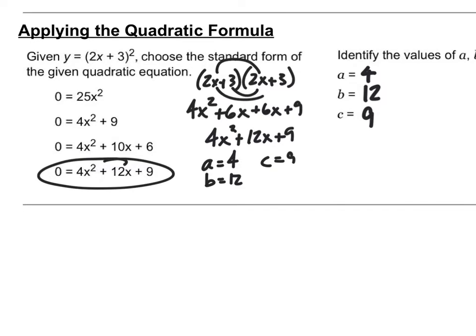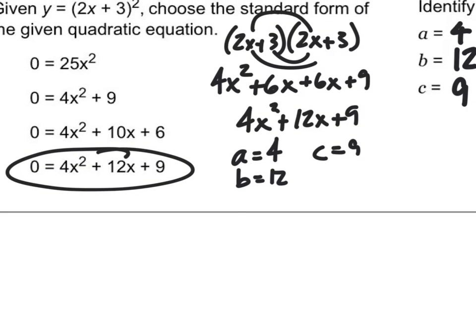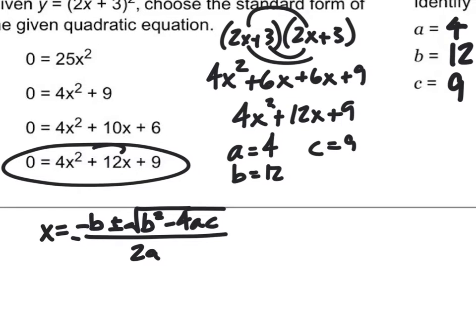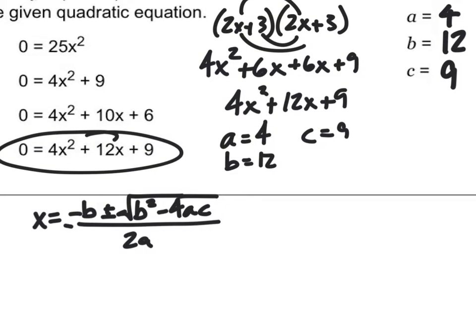I want to write out the quadratic formula real quick, and that's going to be x is equal to opposite b plus or minus the square root of b squared minus 4ac all over 2a. So let's go ahead, we know what these values are. I'm going to write x equals opposite b.